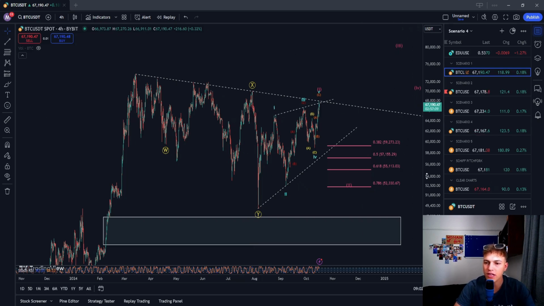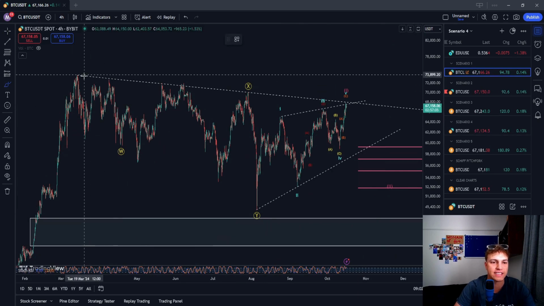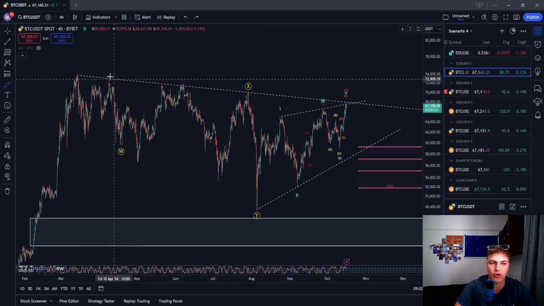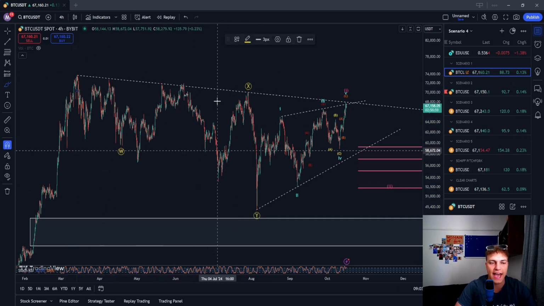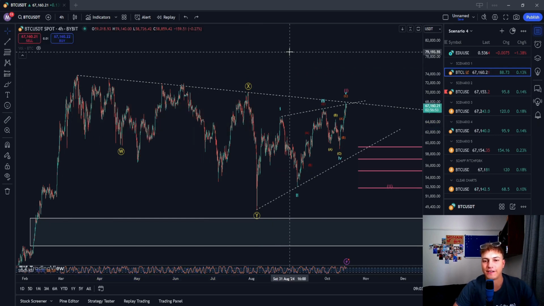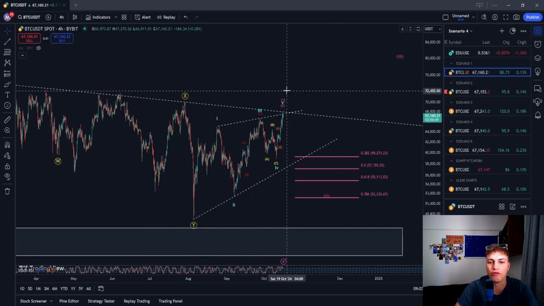So, starting on our main scenario, we have a finished WXY. This WXY was the correction we had over the last around 150 days, and now we are looking for prices to move on higher.